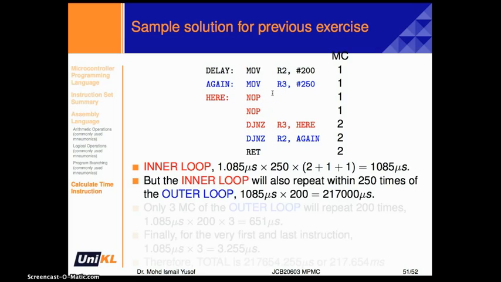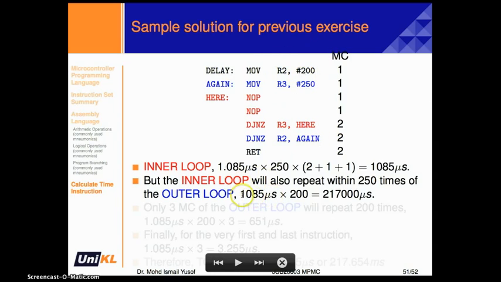For the outer loop, because the inner loop will also repeat itself 250 times within the outer loop, we just multiply by 200, because the decrement of R2 is 200 times and the inner loop is inside the outer loop.